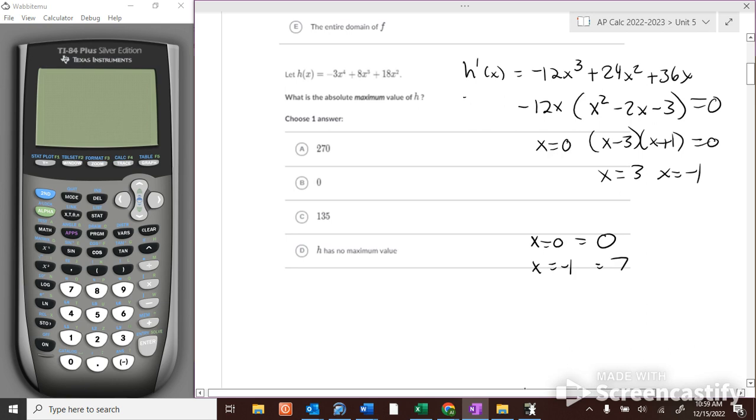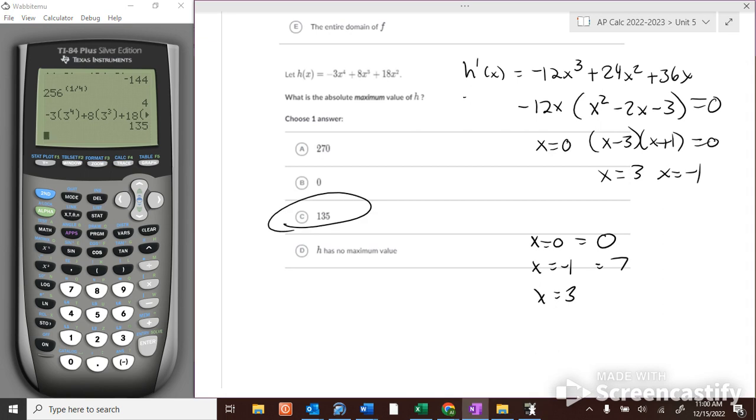If we stick in 3, we get negative 3 times 3 raised to the 4th plus 8 times 3 raised to the 3rd plus 18 times 3 squared, which equals 135.